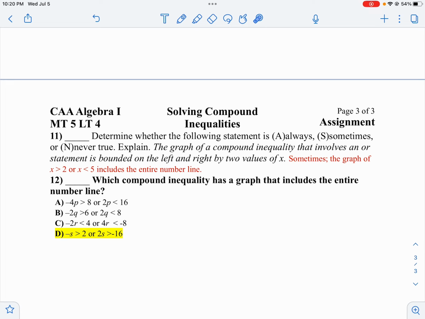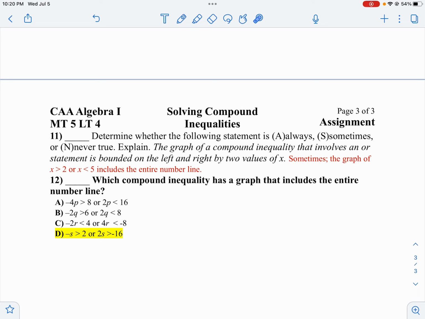With an or, it might be all solutions if they overlap. I gave you an example here of x is greater than 2 or x is less than 5. Since 2 is to the left of 5, but I'm shading greater than 2, I'm going to include 5. When I go less than 5, I'm going to include 2, so I'm going to do everything.